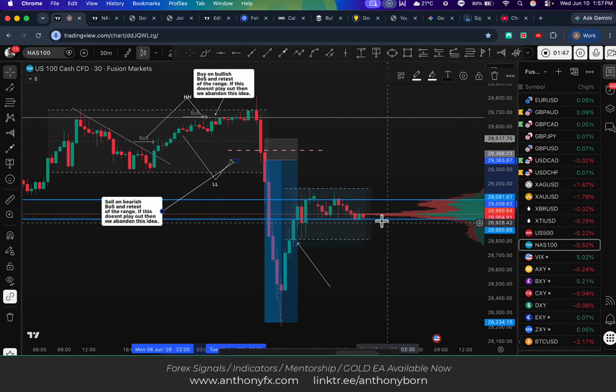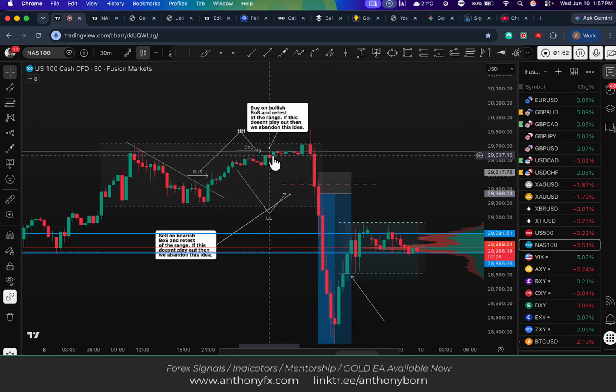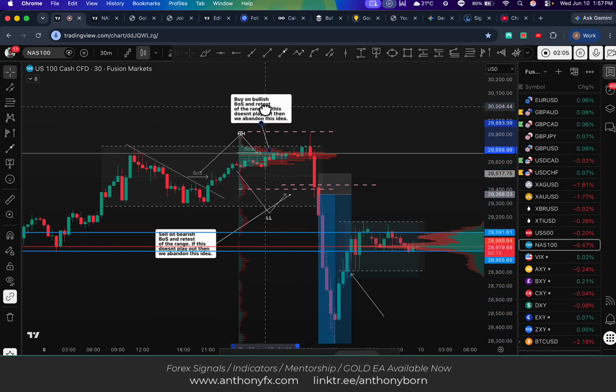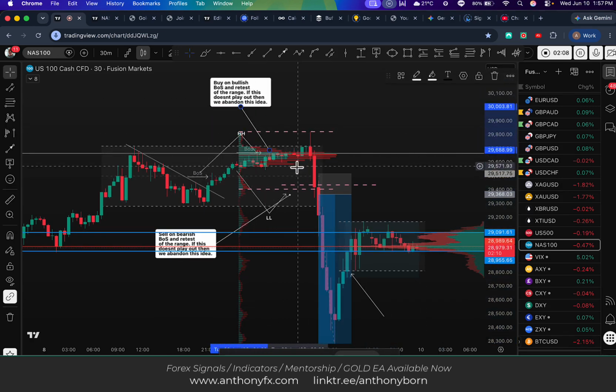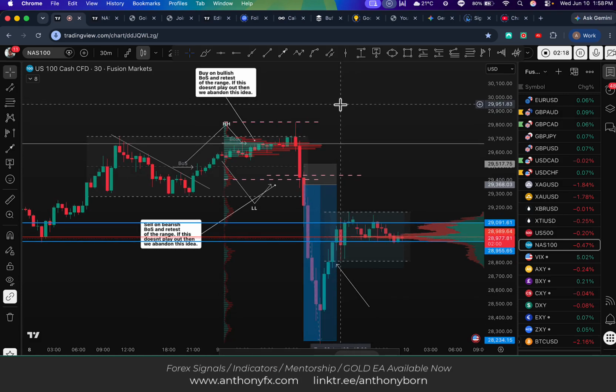But when it finally breaks out of here, similar to back up in here, right, you had this. So I'll just show you, even if you just pull the volume profile from this area across, see how you get the high and the low of this value, and you've got these nodes. All right, so when it breaks out of value and retests, it's going into price discovery.